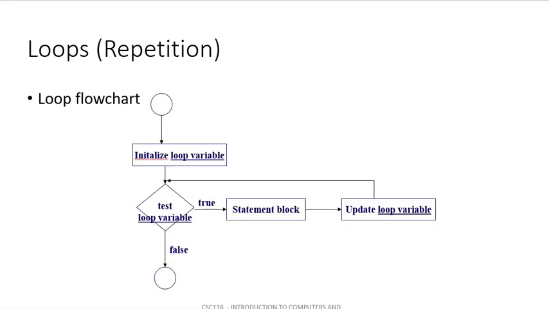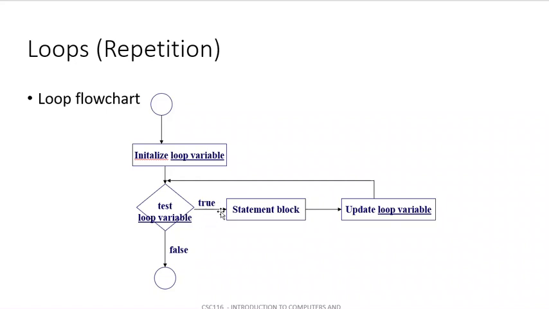Let's see the flowchart for repetition. I'm sure you have learned this in another subject, but just go through quickly for this one. So, loop flowchart. First, this is what I have mentioned previously. We initialize the loop variable, and then test the loop variable, either true or false.